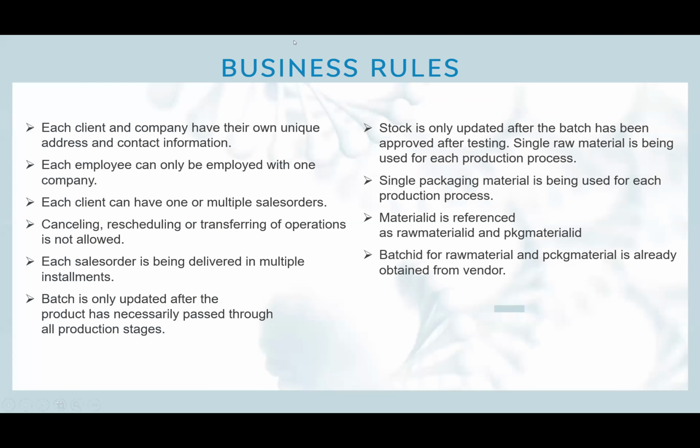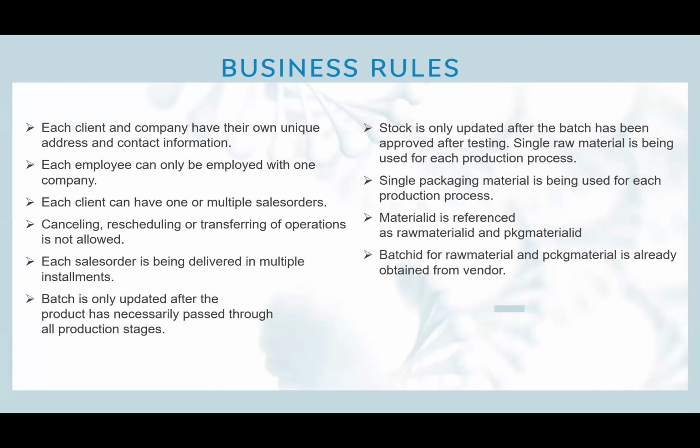So we have established a set of business rules for our project. For example, each client and company will have their own unique address and contact information. Each employee can be employed within one company, and canceling, rescheduling, or transferring of operations won't be allowed. A batch is only updated after the product has passed through all the production stages like the quality check and the tests.